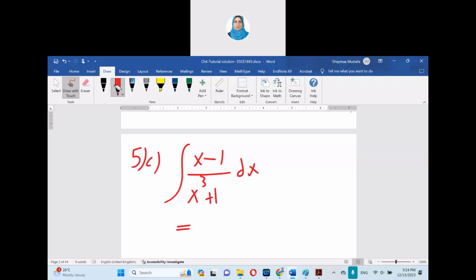So you need to make, because this is equal to x minus 1 over, this is addition of 2 cubes, so x plus 1 times x squared minus x plus 1.